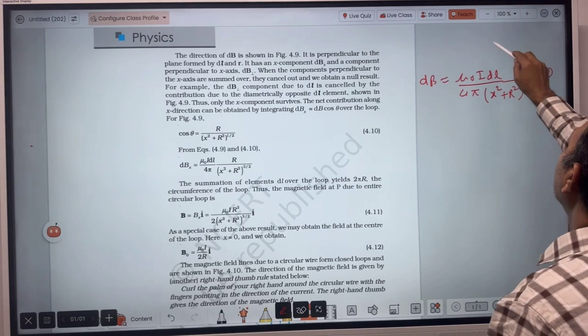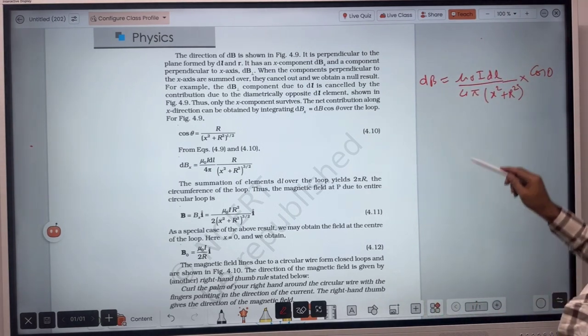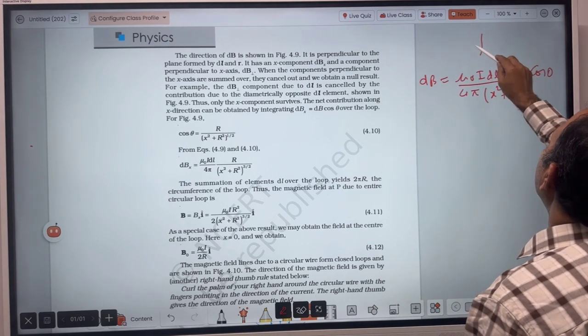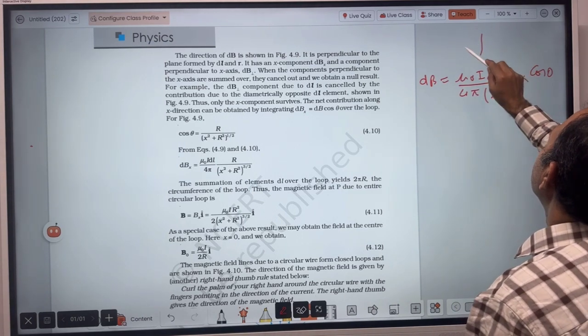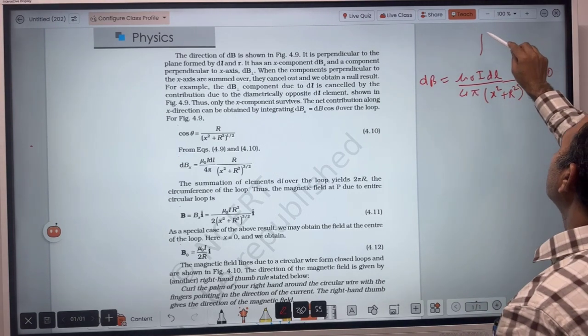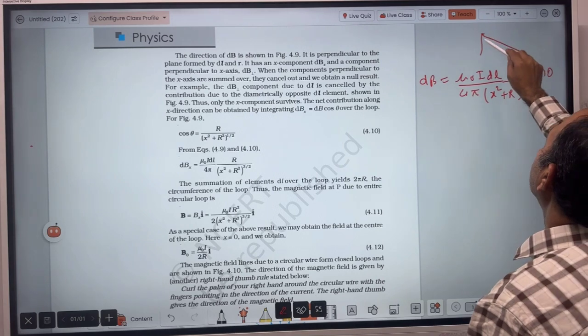And cos theta, from the previous figure, if you observe, theta is not shown in the diagram, but cos theta will be taken with the radius as the base and the distance as the hypotenuse. So cos theta will be taken like this.